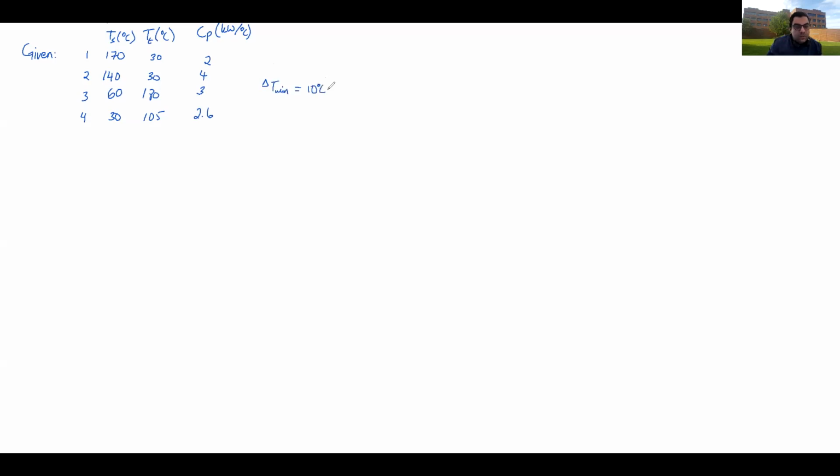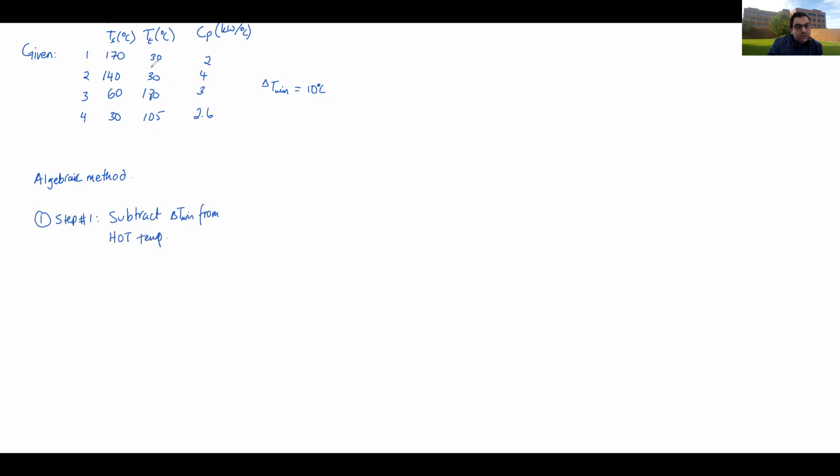Okay, so let's try to do it using the algebraic method. So I'm going to follow the algebraic method right here. And if you recall, step 1, subtract delta T minimum from the hot temperatures, right?